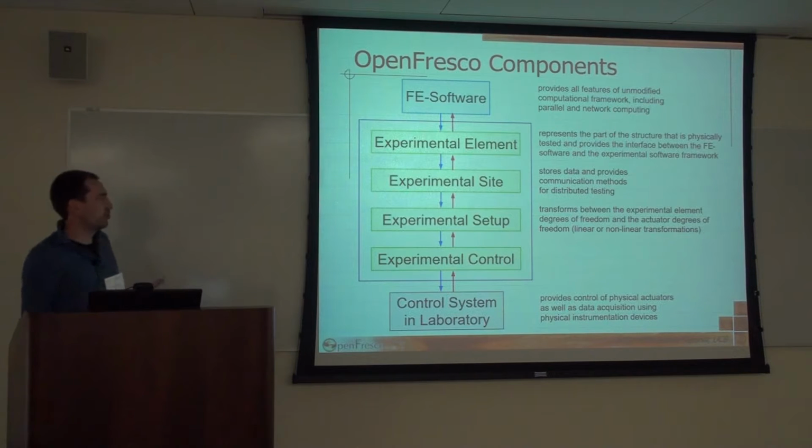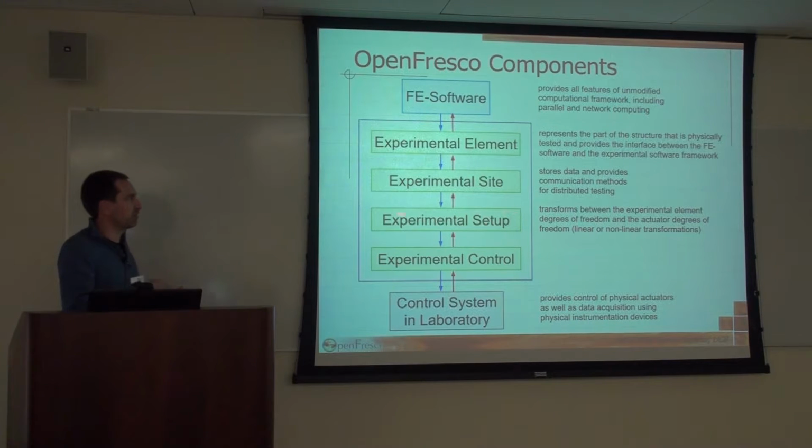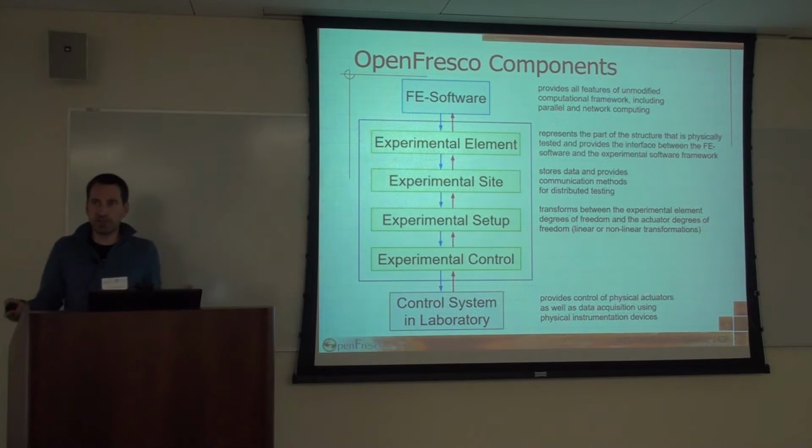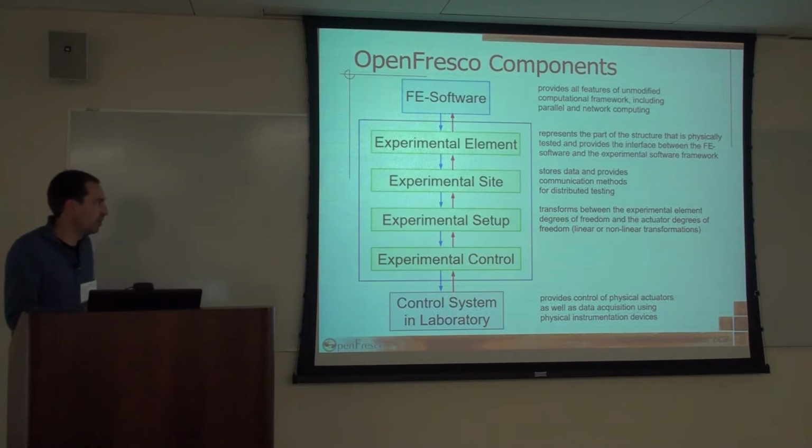Then in the laboratory, typically you have some experimental setup, because usually the degrees of freedom that you're trying to control are different than your actuator degrees of freedom. So you've got to do some conversions. So you basically build up an experimental setup in the laboratory. In the software framework, again, there's an exact abstraction of this real thing, which is called the experimental setup.